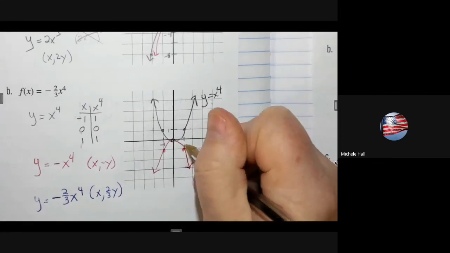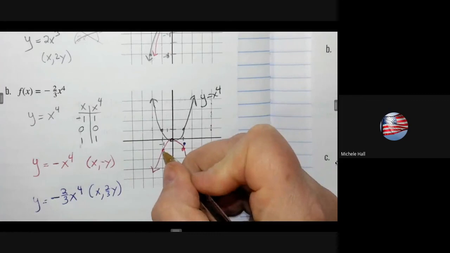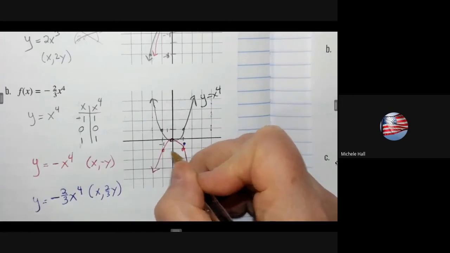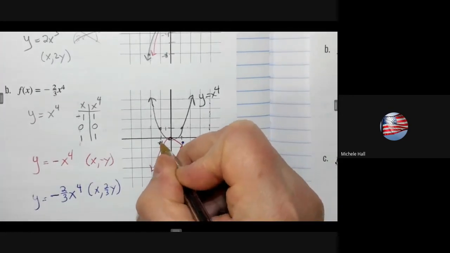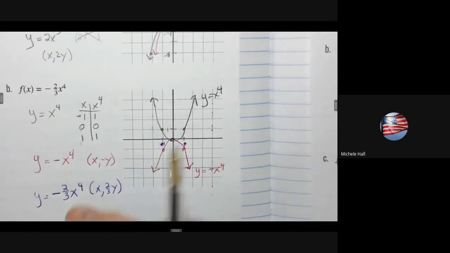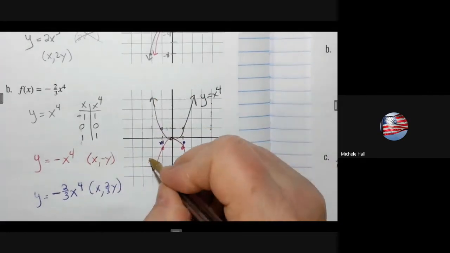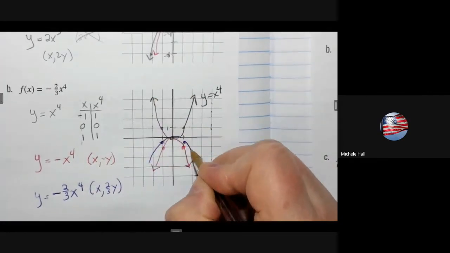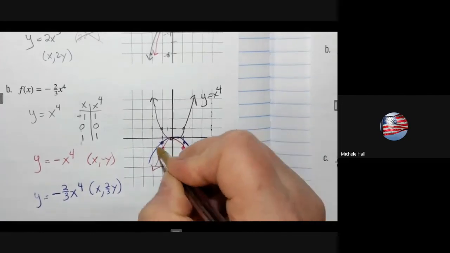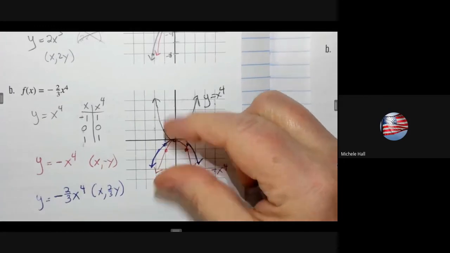So I need to back this up to 2/3. And that would be true for this side as well. We're still at negative 1, so it's going to be at 2/3. And you can see that multiplying by 2/3 is shrinking. This is shrinking vertically.